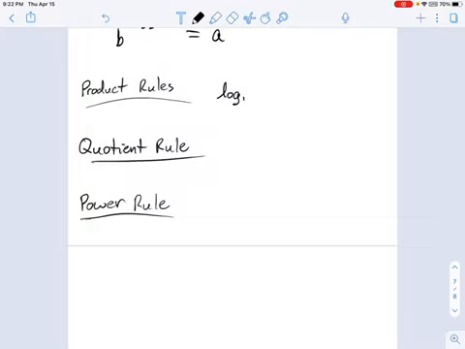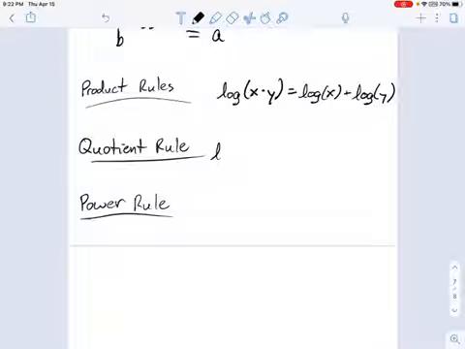If I have the logarithm, I'm going to stop writing base b. Just assume I mean base b. The logarithm of x times y equals the logarithm of x plus the logarithm of y. Okay, that's the product rule. And the quotient rule is similar to it.